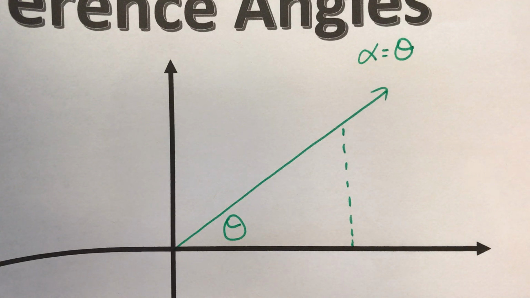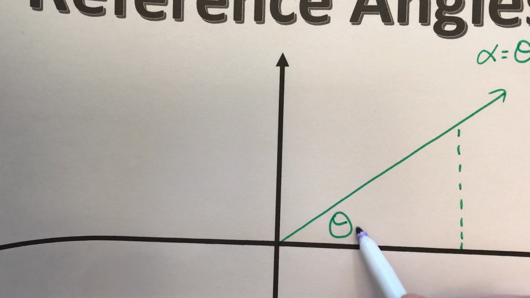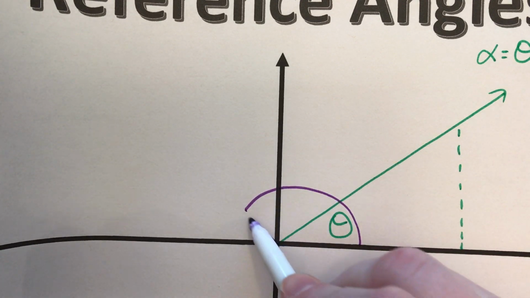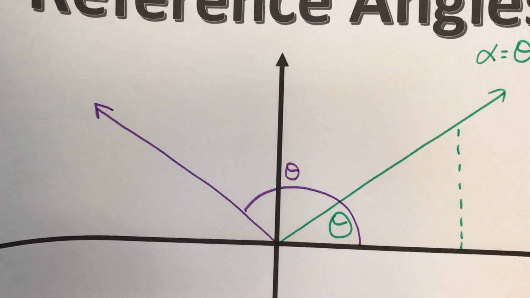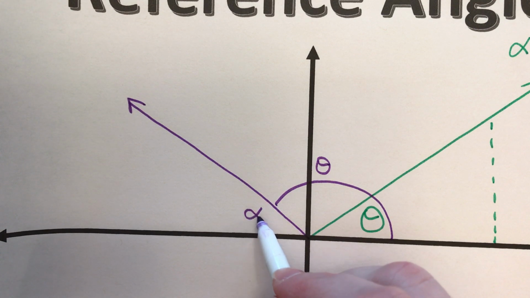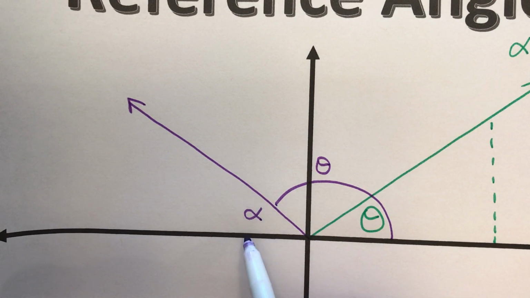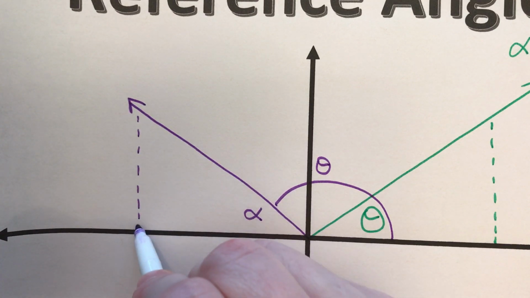Okay, next let's say we have an angle that ends up being in the second quadrant. So I'm going to mark an angle that goes all the way over into the second quadrant. So we got theta here. I'm going to call this angle alpha, the angle that is between the x-axis and our terminal side. So now we'd make our right triangle.